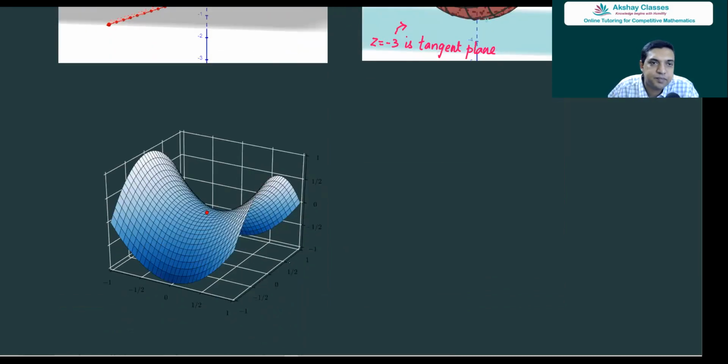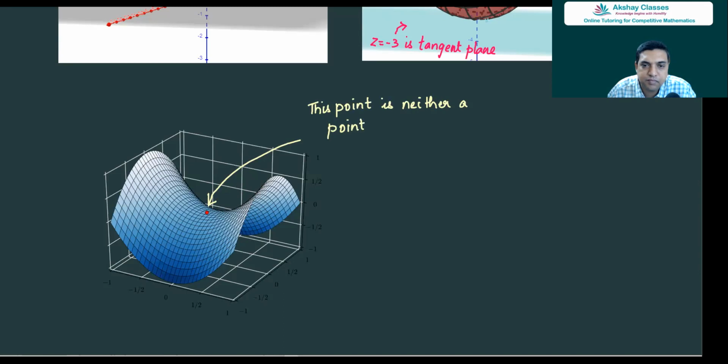Now here, this red point here is neither a point of maximum nor a point of minimum for the surface.